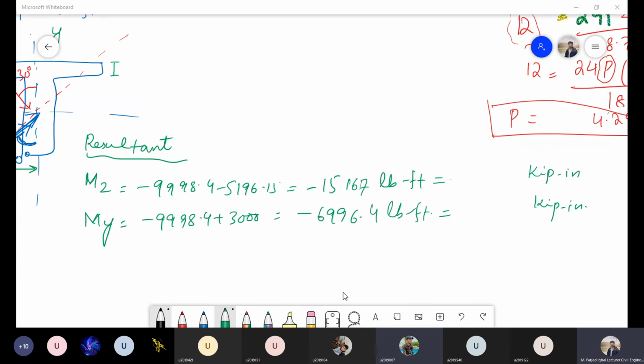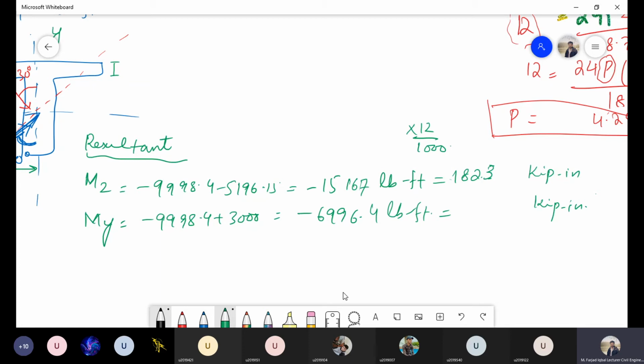Multiply. I think it is 182.3 kips inch, because to convert it from feet to inches, I have to multiply it with 12 and divide it by 1000, right?